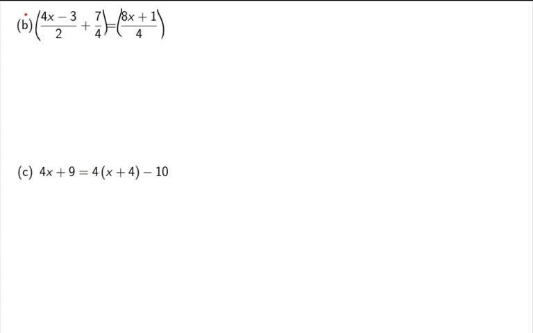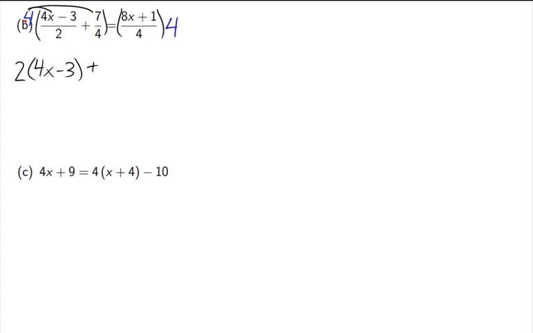It's actually going to be 4. That I'm going to multiply both sides by. And when I do that, again, distribute the 4. So in the first term, I still have a 4x minus 3. But what happens is I have times 4 but divided by 2. I think of that as 4 over 2, and I get 2.